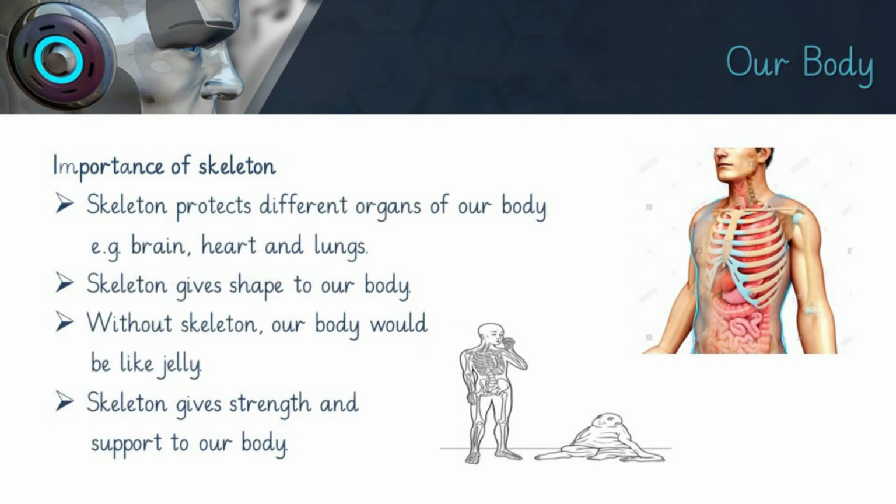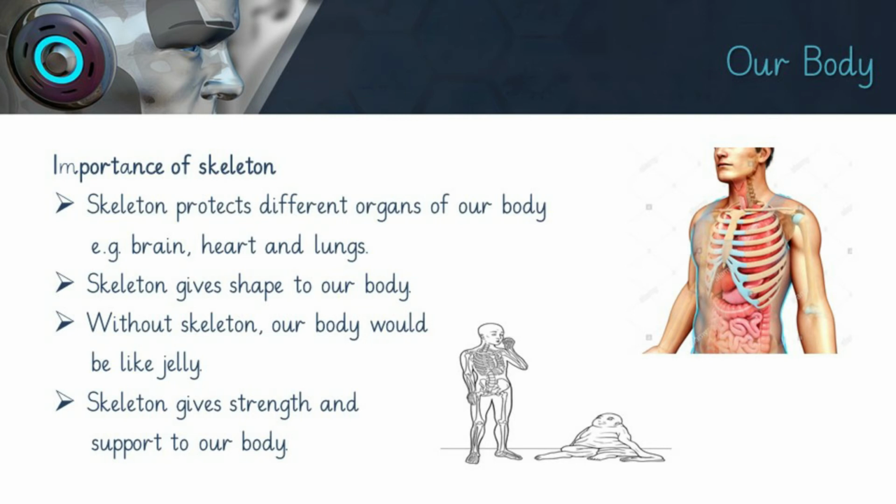Let's discuss some more details about skeleton. Importance of skeleton. What are the functions of skeleton in our body? Skeleton protects different organs of our body like brain, heart and lungs, as it has been discussed earlier. Skeleton gives shape to our body. Without skeleton, our body would be like jelly.